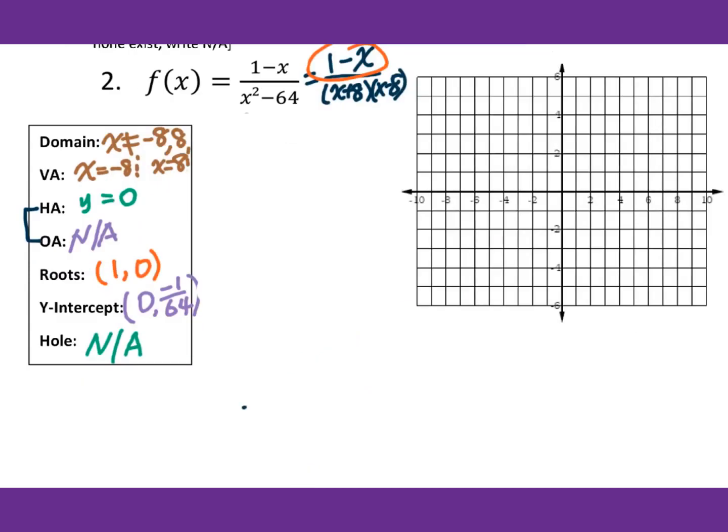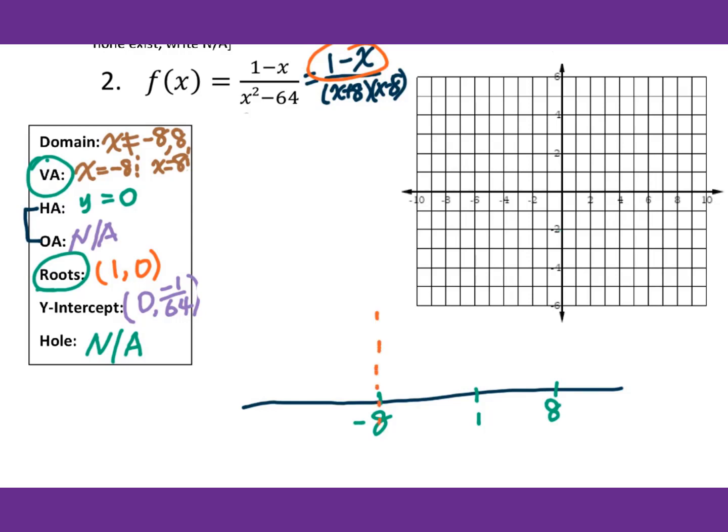First of all, we draw number line to predict the graph. We will put the roots and a vertical asymptote line on this graph. We got -8, 1, and 8. -8 and 8 will be vertical asymptote line. 1 is the root.